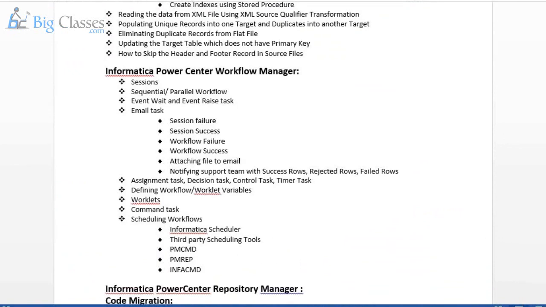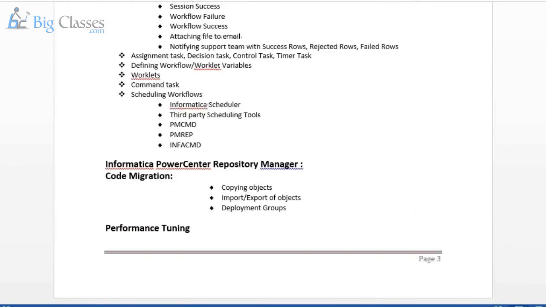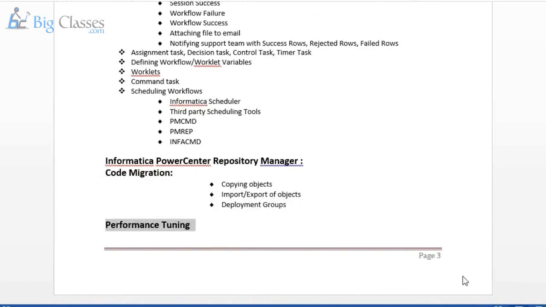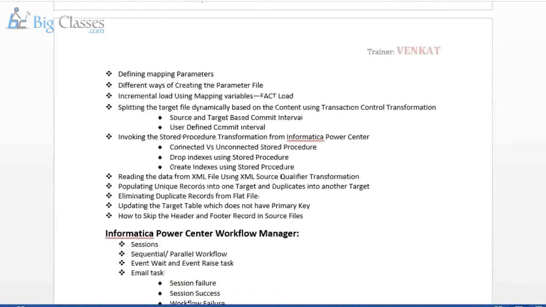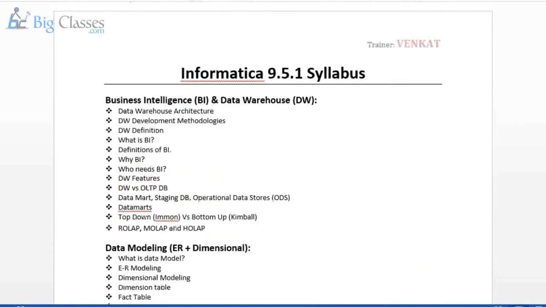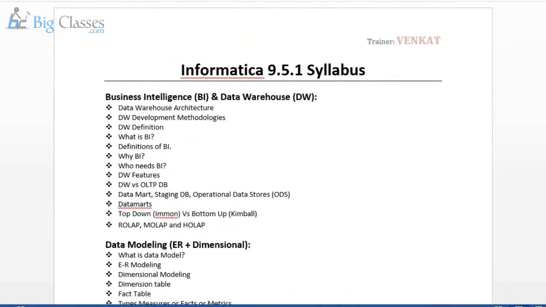Then scheduling, and we'll perform the migration activity, code migration, and performance tuning. These are all the different things that we do as part of the training. So this is about the demo session. All right, any questions?